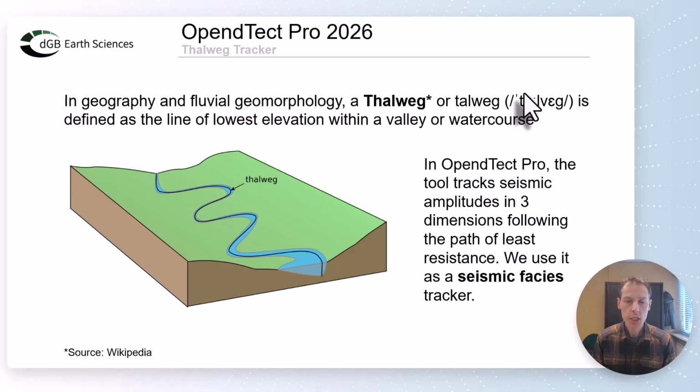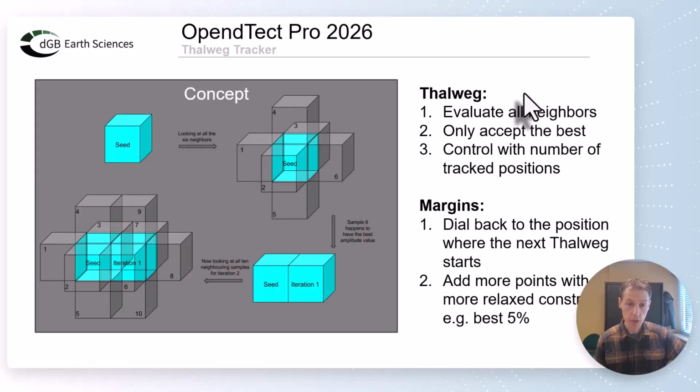The next changes I want to show today on OpendTect Pro 2.26 are within the Thalweg Tracker. The Thalweg Tracker is a seed-based connectivity tracker, which is following the path of least resistance from the seismic data amplitude field. And we use it as a seismic facies tracker. How does it work?